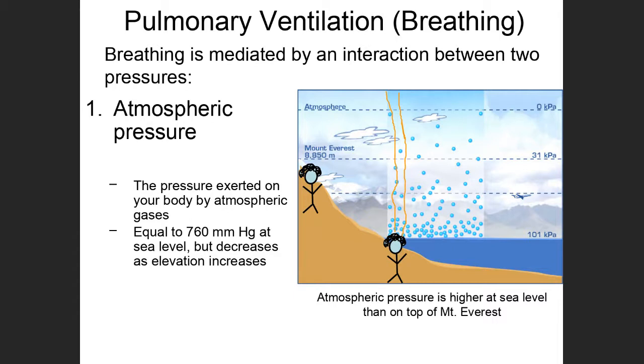You may have heard it said before that atmospheric pressure at sea level is equal to 760 millimeters of mercury.